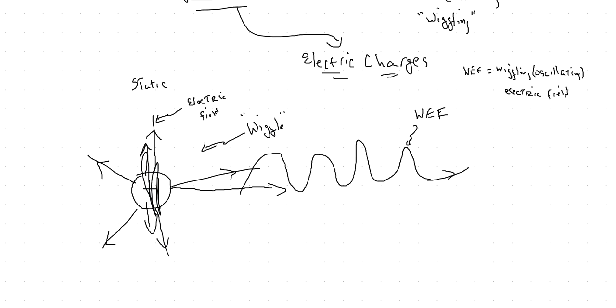This is the way the world is, that when you take a wiggling electric field, what it produces is, oopsie, a wiggling magnetic field. So WMF is a wiggling, again, you can say oscillating if it makes you happy, oscillating magnetic field.